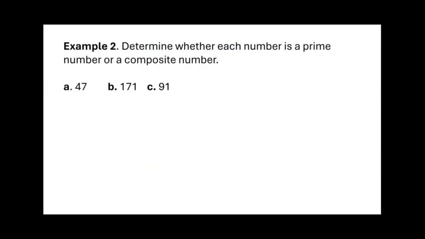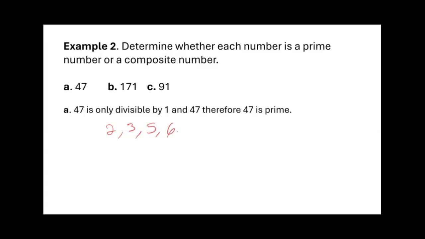Okay, so what we're interested in this section is to determine if a number is prime or composite. So I have 3 examples. 47 is actually divisible only by 1 and by itself. How would I know? Well, you have to try dividing it by other numbers. You have to try dividing it by 2, by 3, by 5, by 6, by 7.